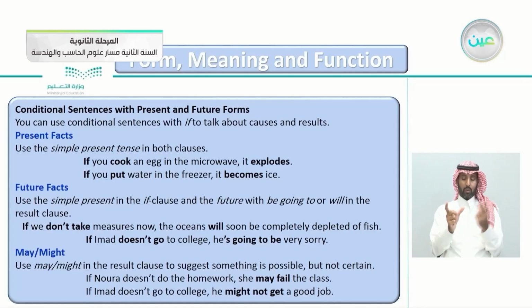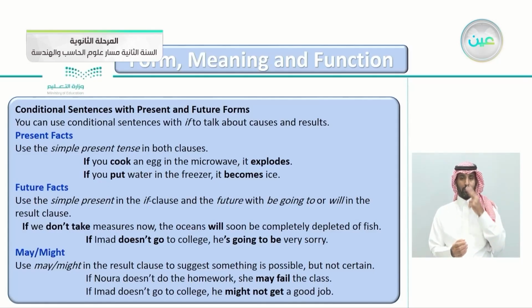What about if we talk about future facts? We use the simple present in the if clause and the future, be going to or will, in the result clause. Again, if we're talking about what will happen in the future, in the if clause, we use the simple present, and the future with be going to or will in the result clause.